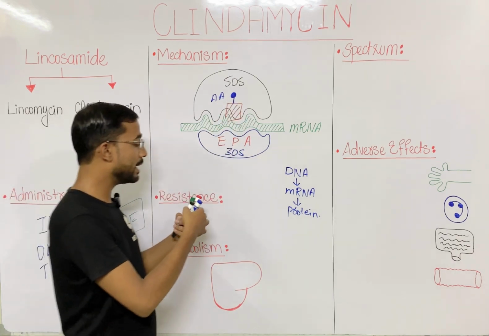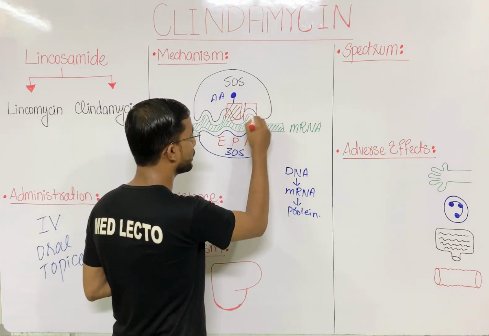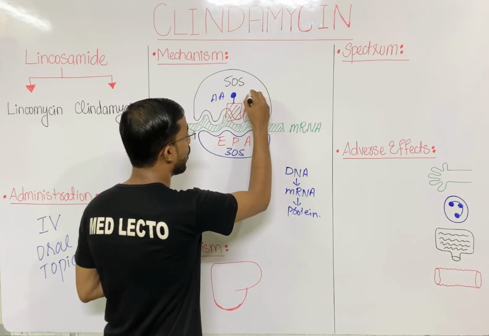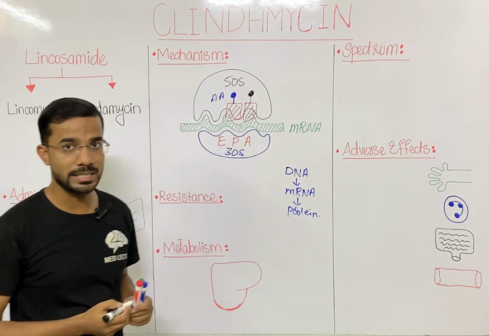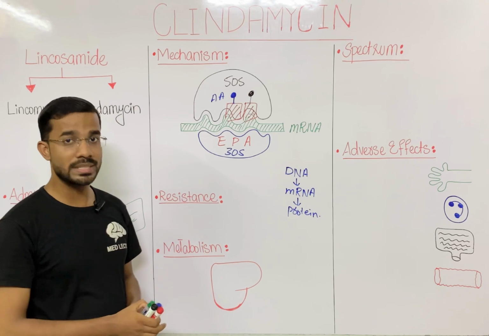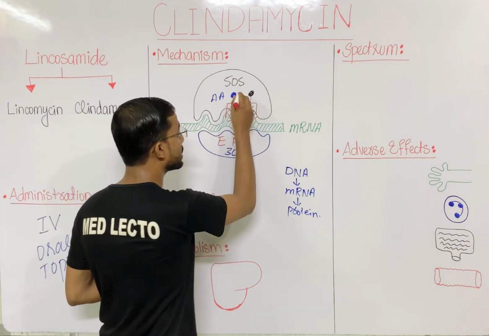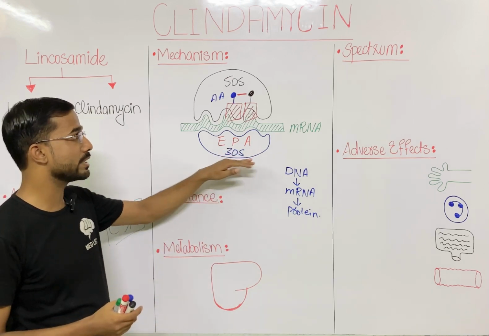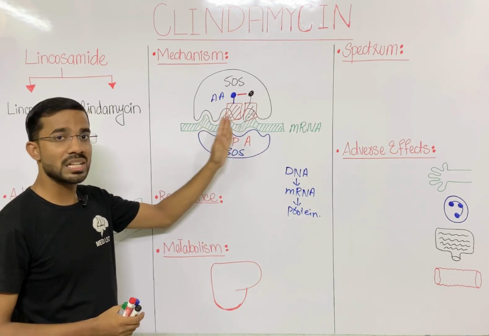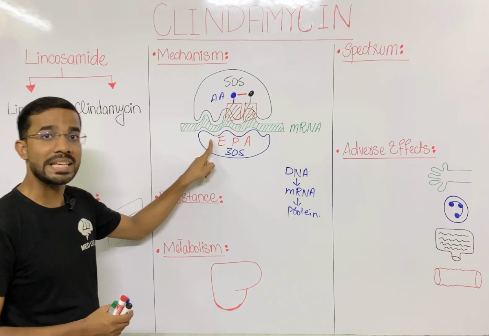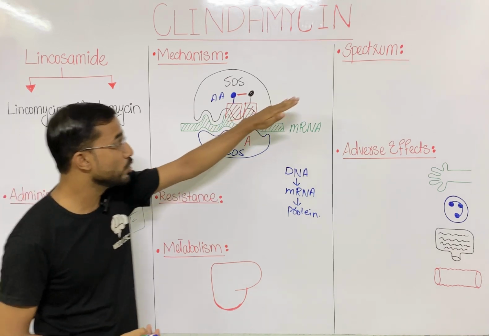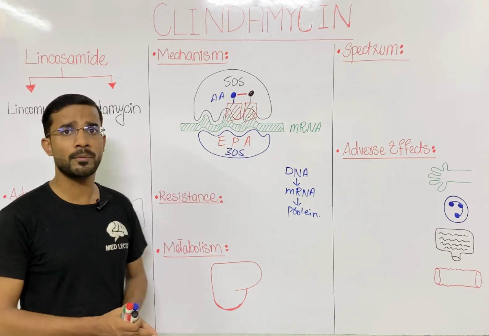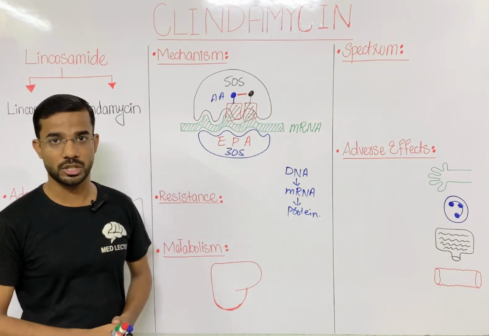Similarly, the next transfer RNA having a different amino acid will bind at the A site, acceptor site, and after that you will see there is bond formation between the two different amino acids, and ultimately this process carries on. The previous transfer RNA will exit from the E site, exit site, and the new transfer RNA will come at the A site. This is the normal process that happens in translation.